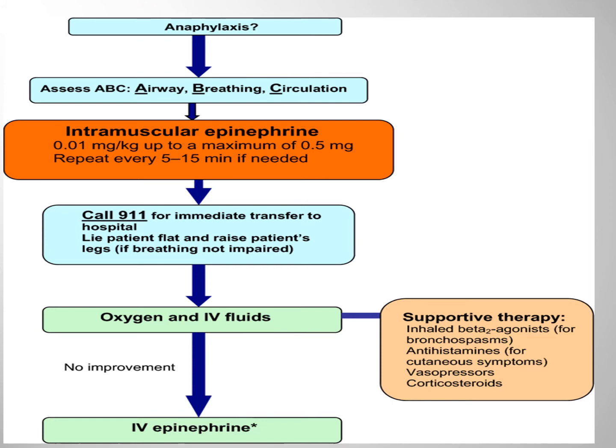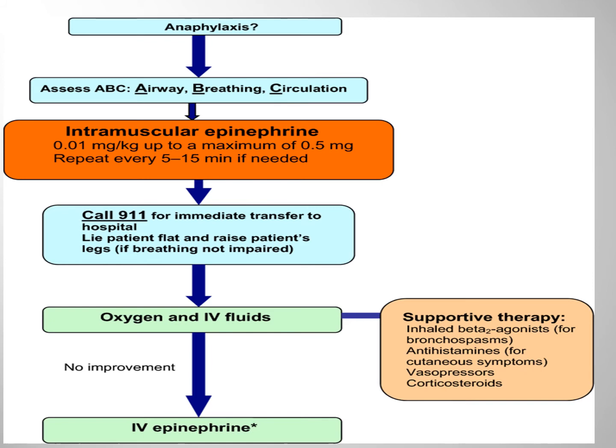Corticosteroids, so intravenous corticosteroids, such as methylprednisolone. An equivalent oral one would be prednisone. So what do these do? Well, these inhibit the immune system from overreacting. So sometimes we'll give them in anaphylaxis to suppress the immune system and what it's doing that's contributing to the severe reaction.